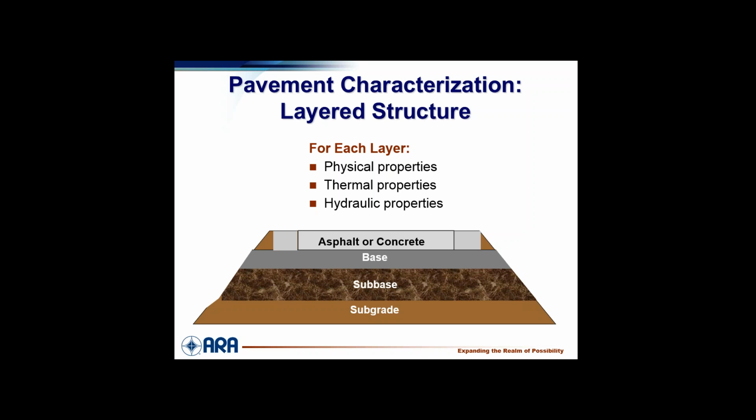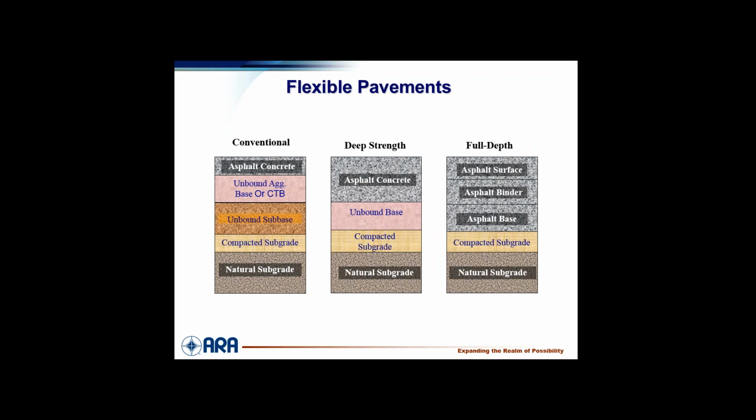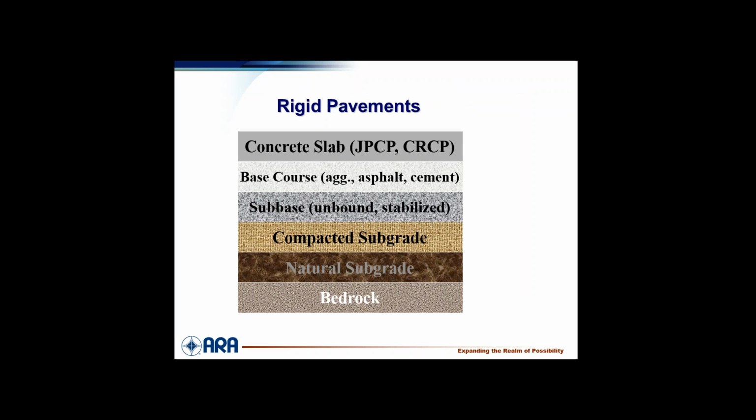Whether it's asphalt or concrete, there are aggregates and soils. There's always, for every layer, you have all these basic types of inputs. And the layered systems can be many and varied, as you can see. All kinds of flexible pavement, asphalt, with unbound materials, and some cementitious, and some stabilized or compacted. The procedure can handle a lot of different varieties like this.